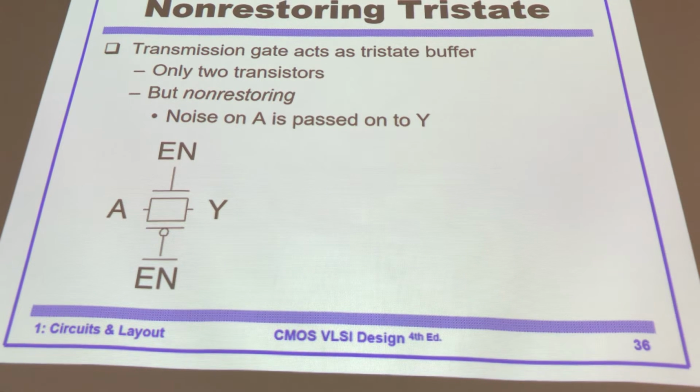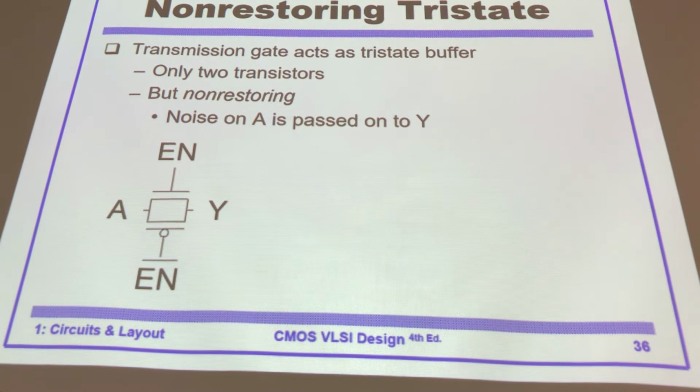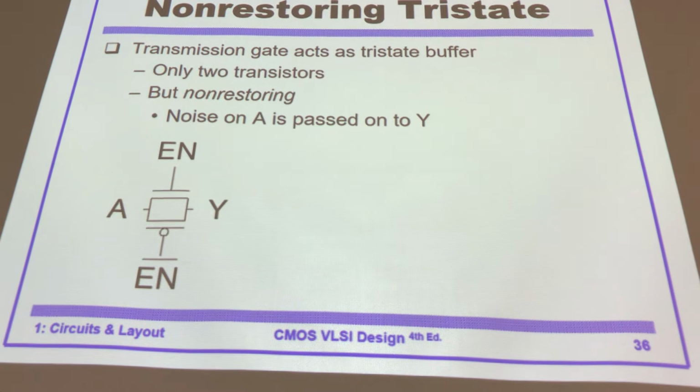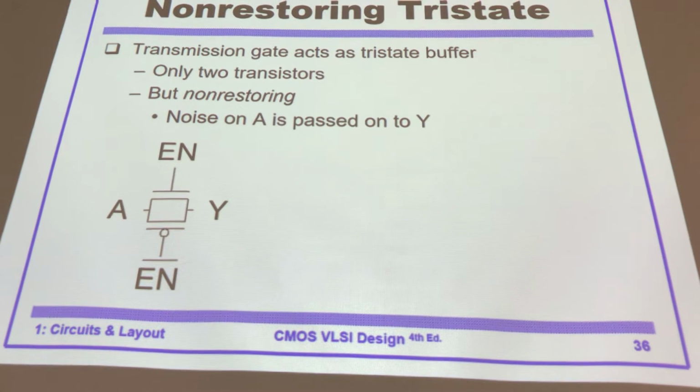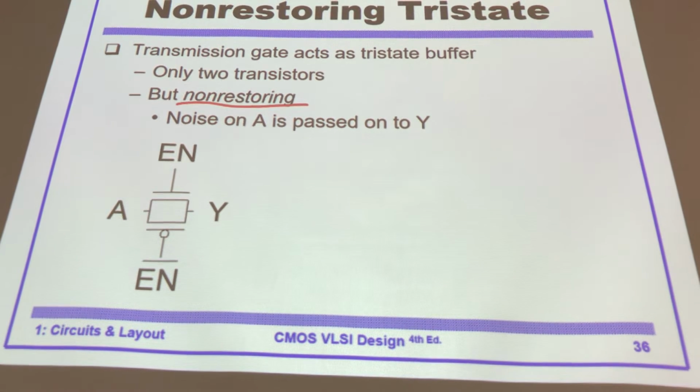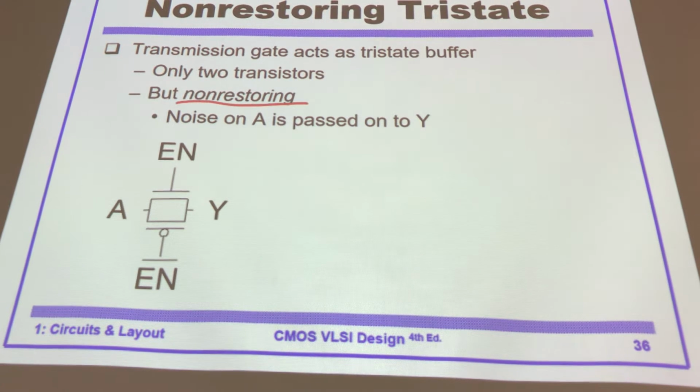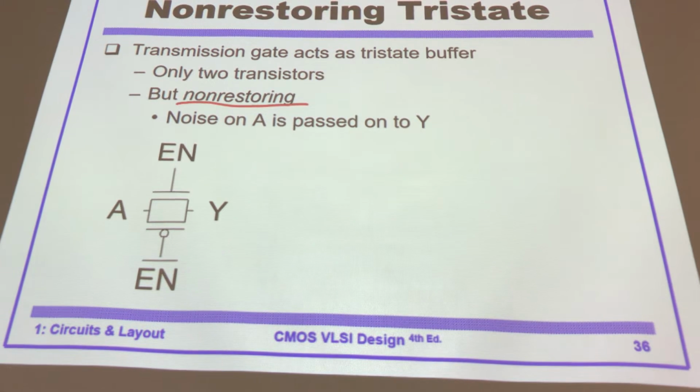The function is a tri-state buffer. And it only needs two transistors, a very small circuit, but non-restoring. The key point is non-restoring. Not only that, the Y output is not very strong. It's strong, but not a very strong signal.